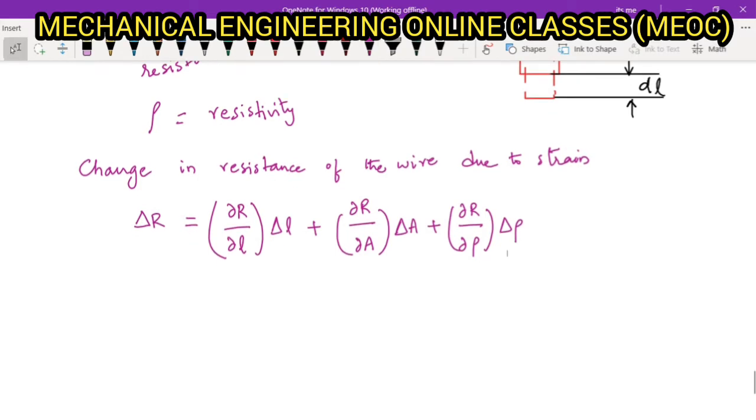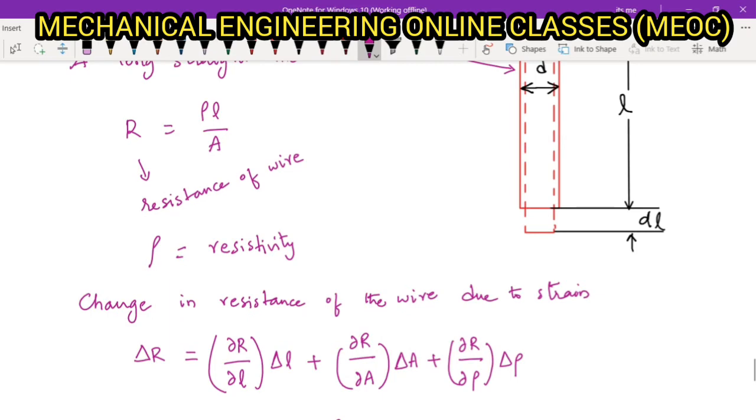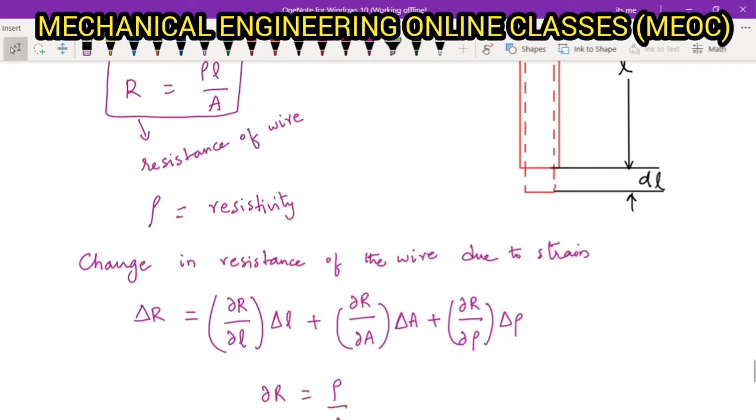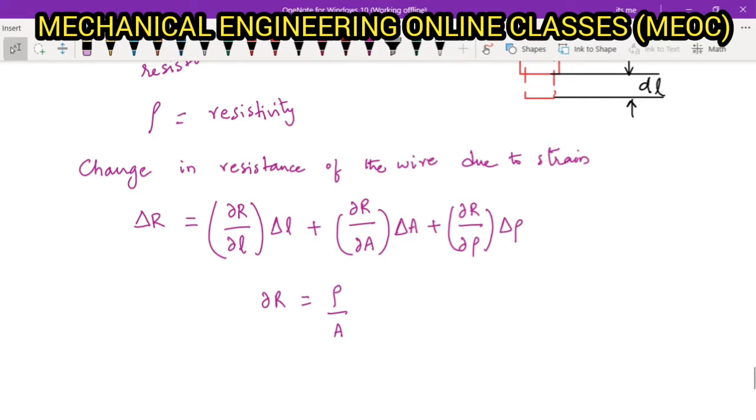Now, I am assuming that rho and A are constants. So when I partially differentiate this equation with respect to L alone, then dou R will be equal to rho by A into dou L. So dou R by dou L is rho by A.